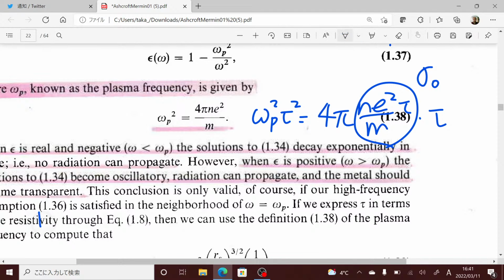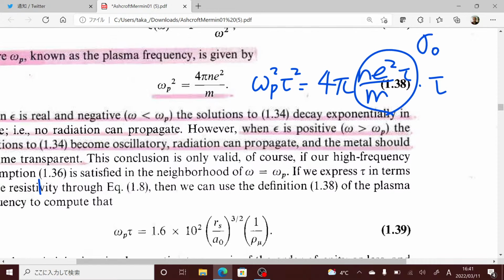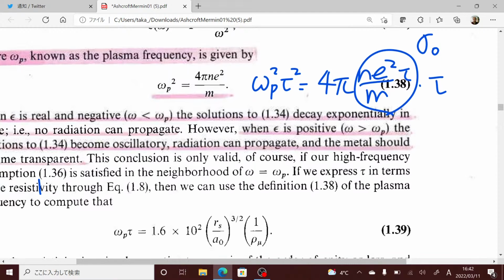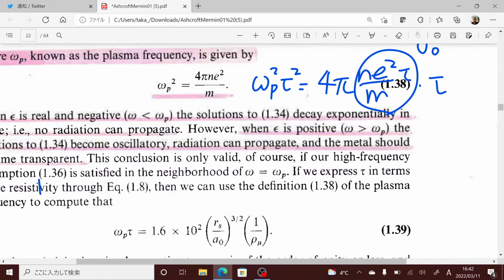Then how can we convert it to this? Very strange. Maybe. Okay, so I can convert it like this.